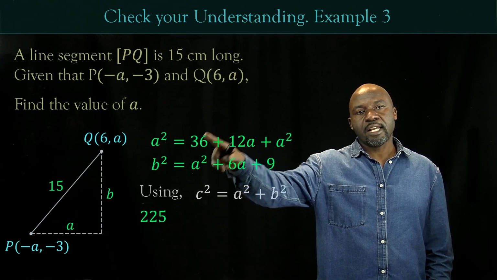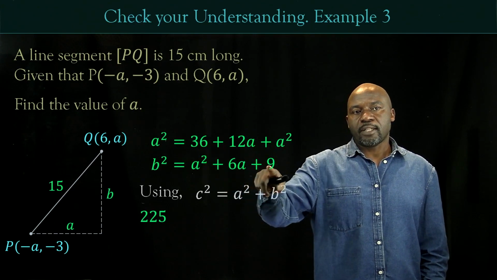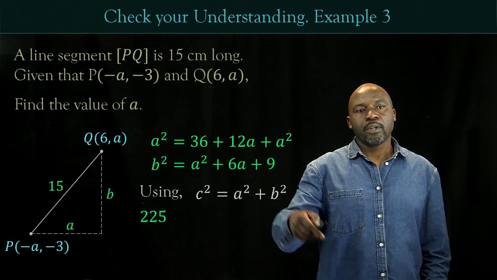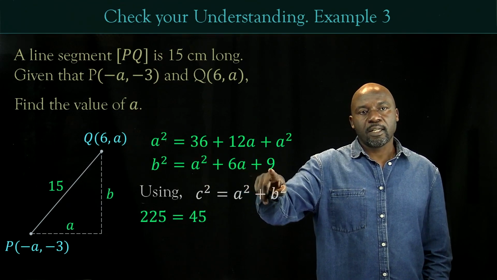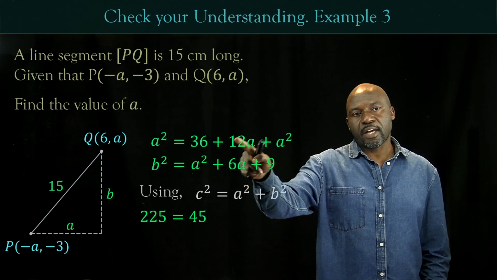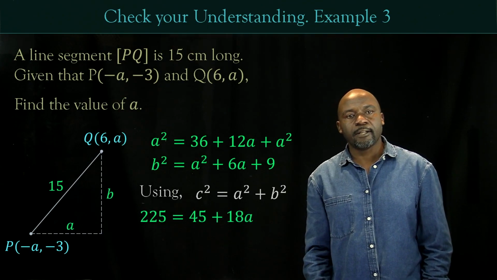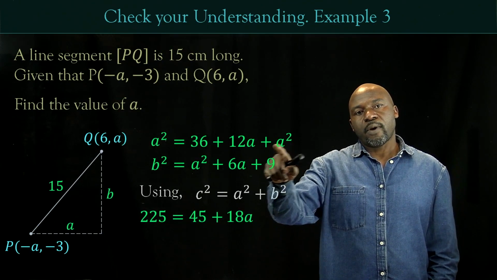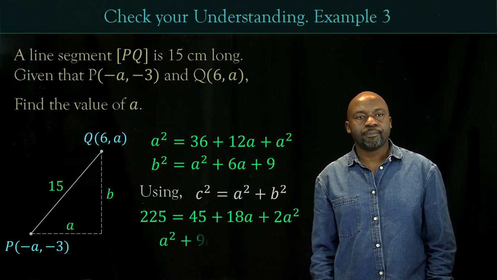That means we are adding all this together. So let's add the like terms. 36 plus 9 is going to be 45. 12A plus 6A is 18A. And then we have A squared and A squared, so we have 2A squared.